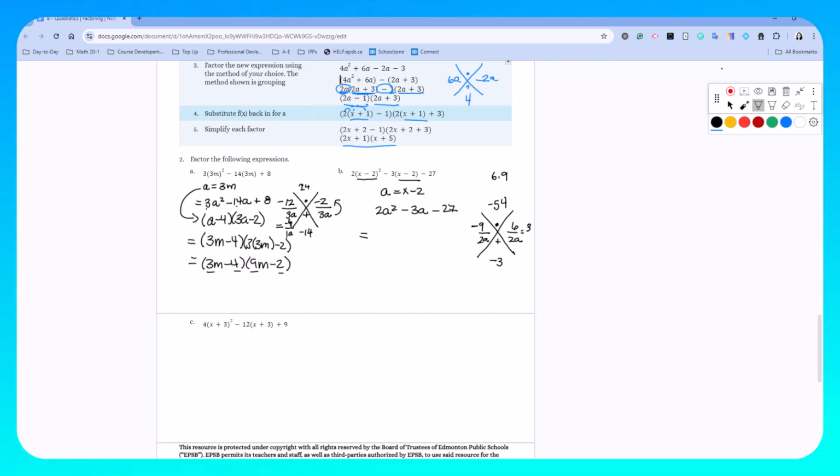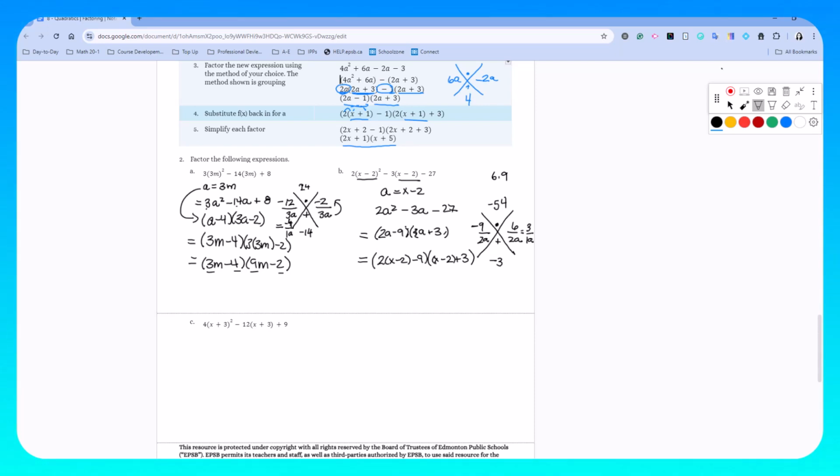So let's start by reducing some of these things. This is going to be 3 over 1a, and this one can't be reduced, so it's going to be left at 2a minus 9. So 2a minus 9 times 1a plus 3. Now we don't have to put the 1 there if you don't want to. And now we're going to substitute things back. So I'm going to say 2 times x minus 2 minus 9 times x minus 2 plus 3.